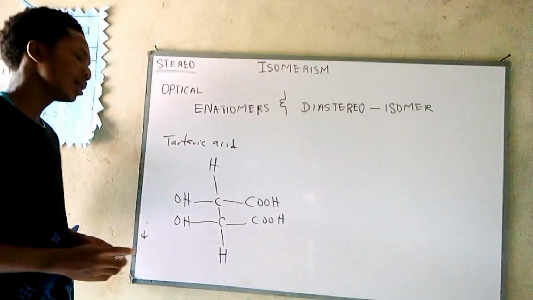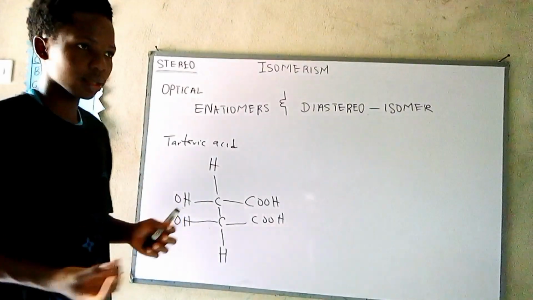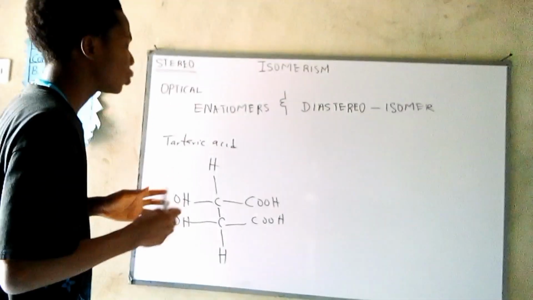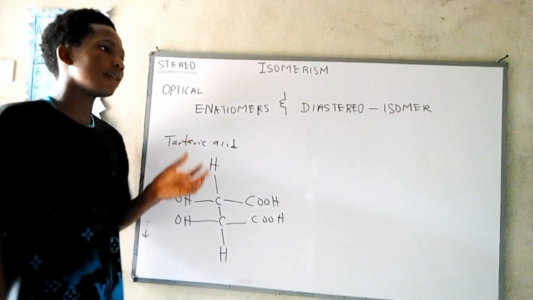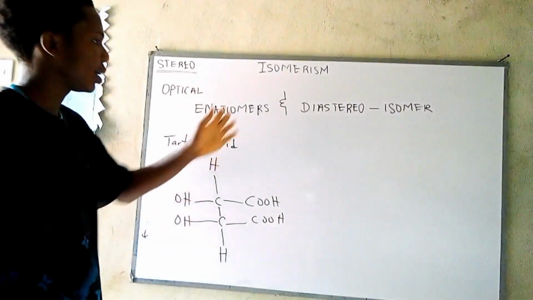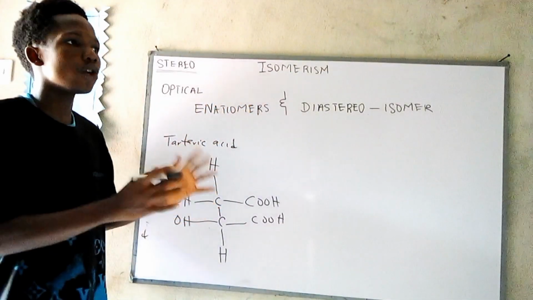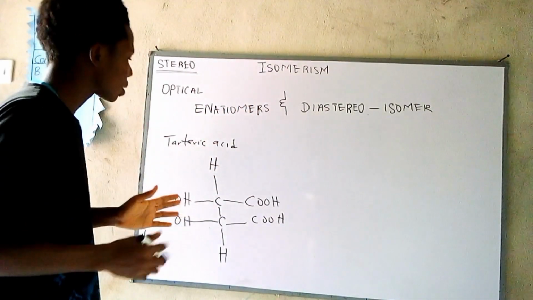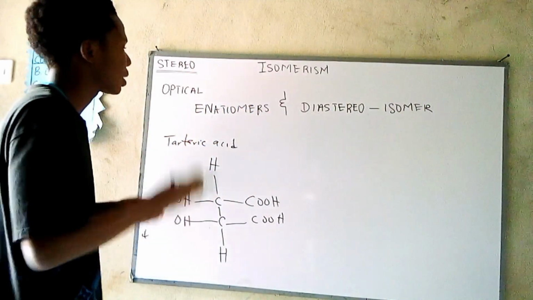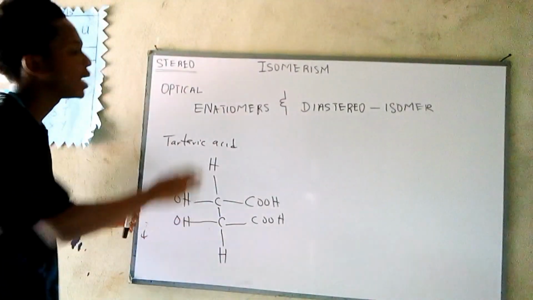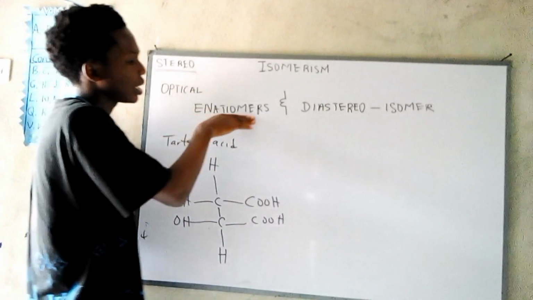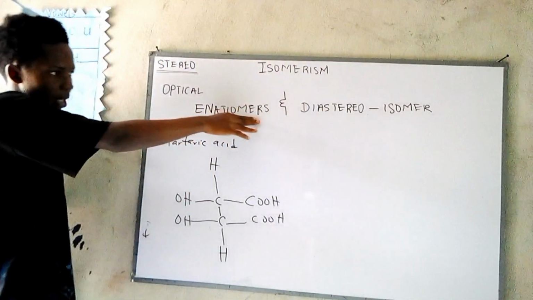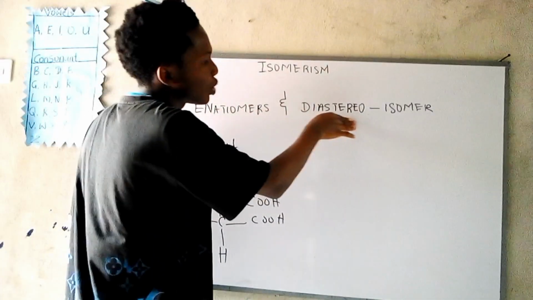Now, since there are stereoisomers, most times their double chiral center prevents them from having an exact mirror image of themselves. But tartaric acid is special. Tartaric acid can also be classified as an enantiomer. It can have an enantiomer and also a diastereoisomer.